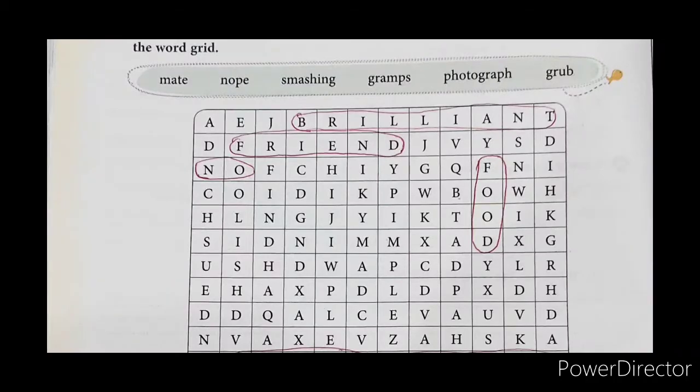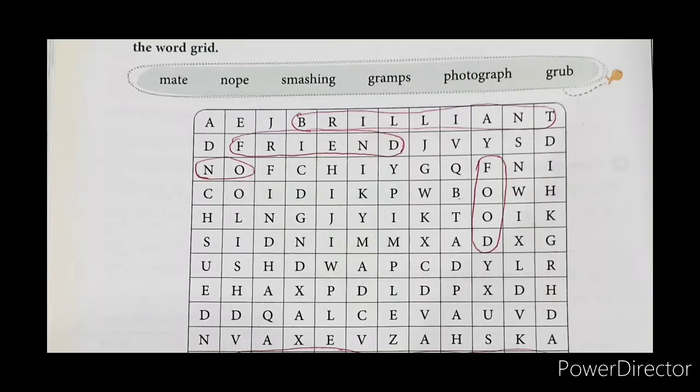Next word is photograph. It is not colloquial language, it is normal language, so there is no word for photograph. Next, G-R-U-B, grub. Grub means food. Where is food? Yes, F-O-O-D, food. That you have to circle.